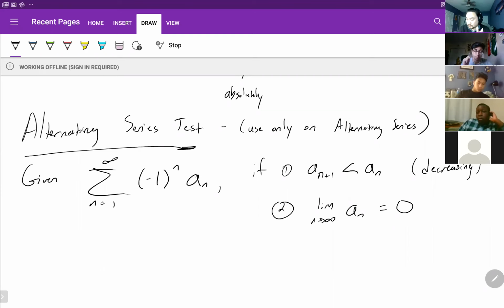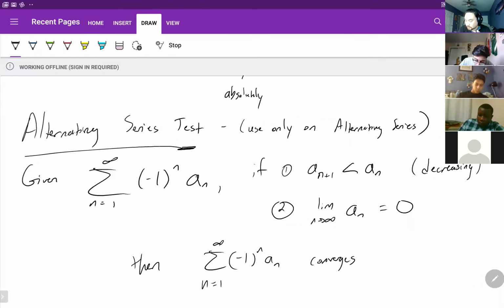Then, and only then, you know that the series is convergent. So once again, the terms need to be decreasing, and the terms need to go to 0. If they do not fulfill one of those two things, then it's inconclusive. You've got to use something else.